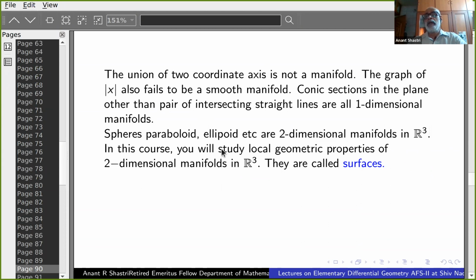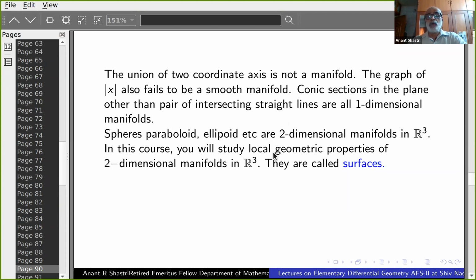They are all given by quadratic equations in 3 variables. If you take all quadratic equations, once again there will be some of them, like conic sections, pairs of conic sections, and so on. Some of them will have to be deleted. They will not be manifolds. But many of them are there in this one.